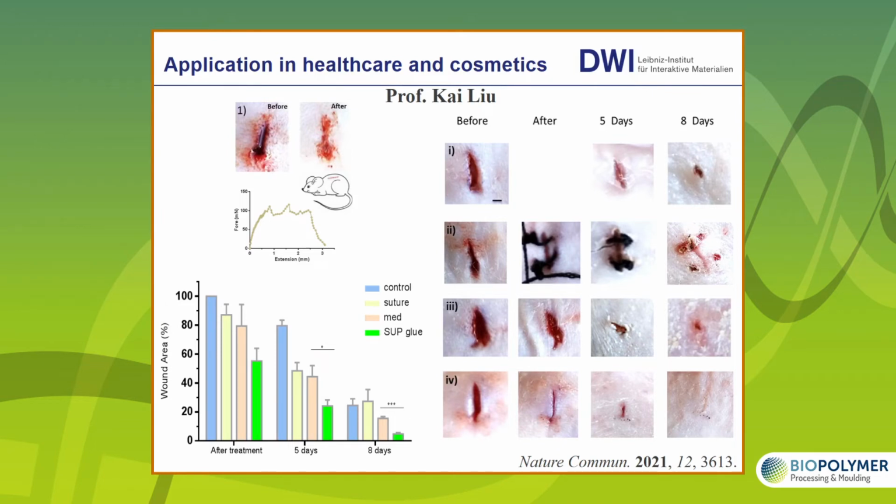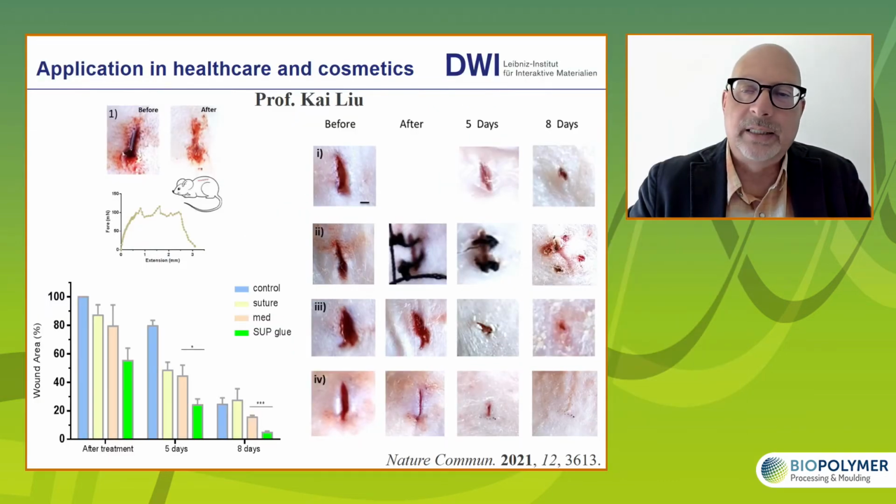The third row shows treatment with a commercial medical glue, and the fourth row below shows the treatment with our genetically engineered superglue. What you can clearly see is that our material does not only have adhesive properties, but that it also strongly promotes the wound closure and wound healing as documented in this animal experiment.